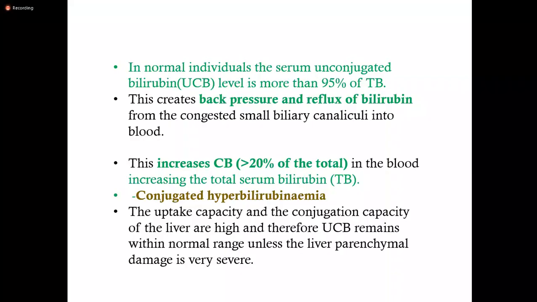But when there is biliary obstruction, because of stagnation, back pressure and reflux, more conjugated bilirubin regurgitates into blood, increasing the blood levels of conjugated bilirubin. When it is more than 20% of the total, you say it is conjugated hyperbilirubinemia. So in this patient, total bilirubin level is elevated because of the elevated conjugated bilirubin.